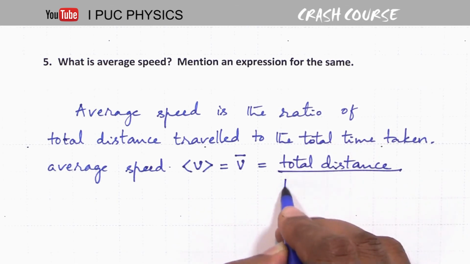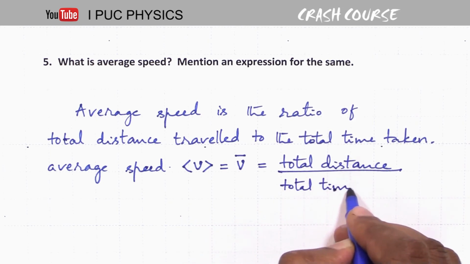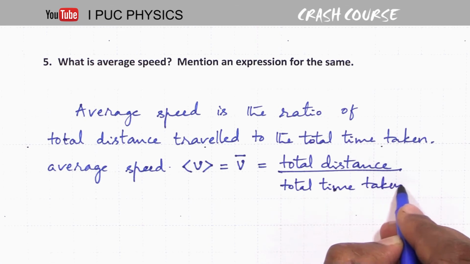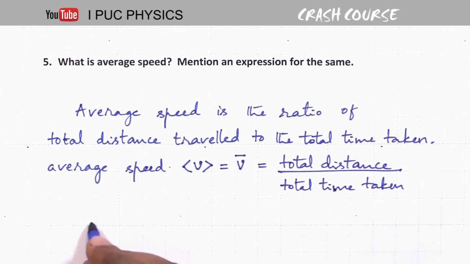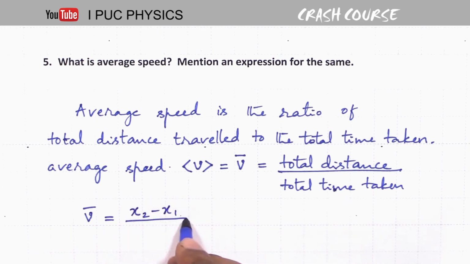total distance by total time taken. So V bar is also equal to, in terms of distances traveled along x-axis, x2 minus x1 by t2 minus t1.